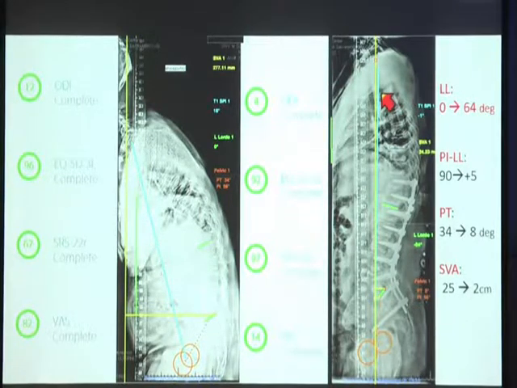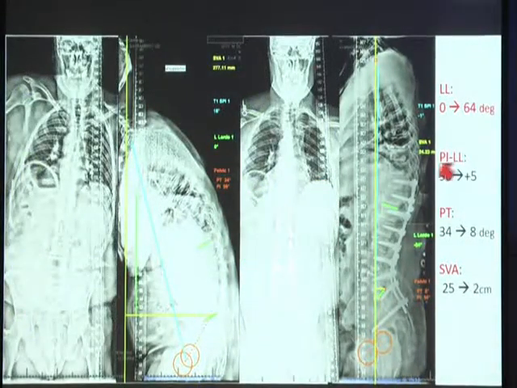A lumbar lordosis of about 64 degrees was achieved and the PI-LL mismatch corrected. The compensatory mechanisms in the pelvis also corrected, down to 8 degrees. Most importantly, his outcome measures all improved, and we were also able to correct the slight coronal imbalance.